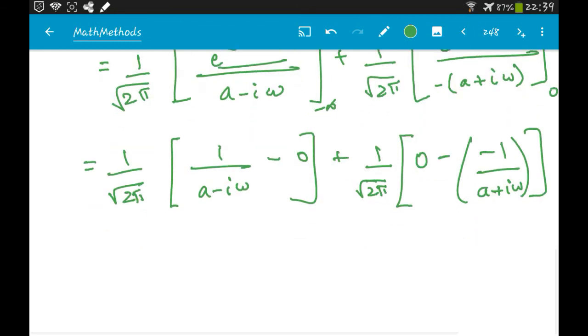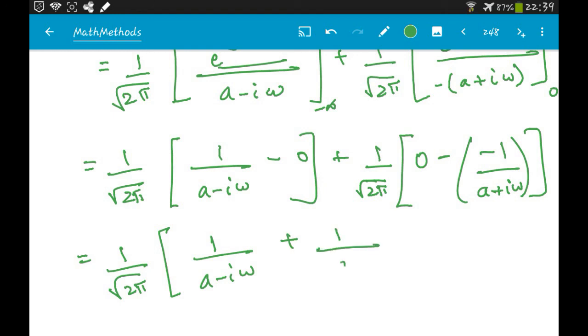Okay, so this is nothing but 1 by root over 2π, times 1 by (a - iω) plus 1 by (a + iω).